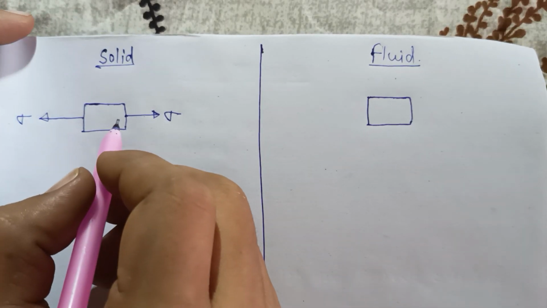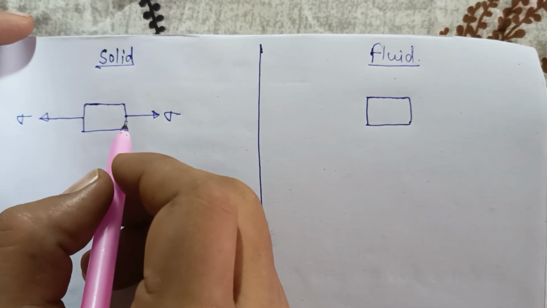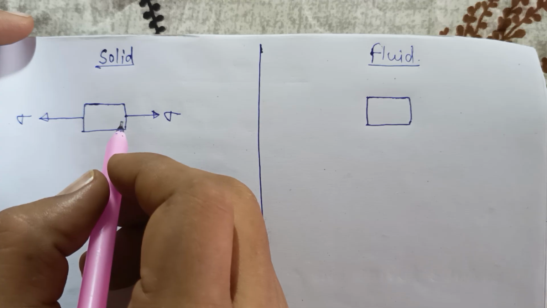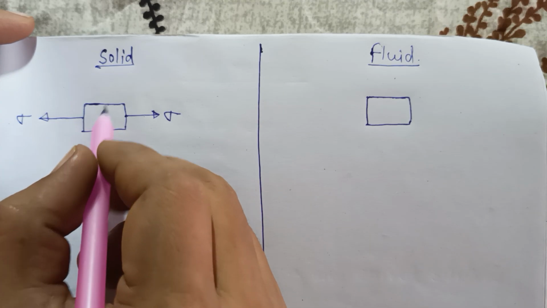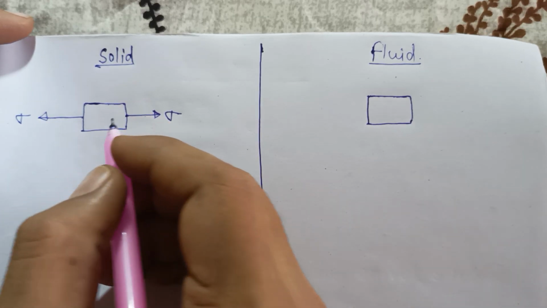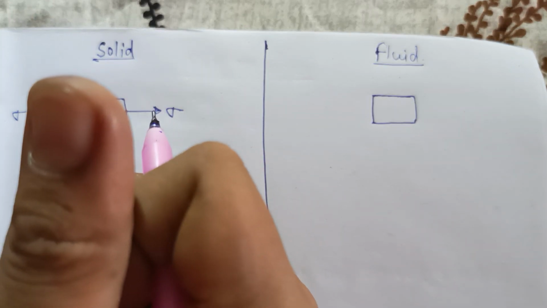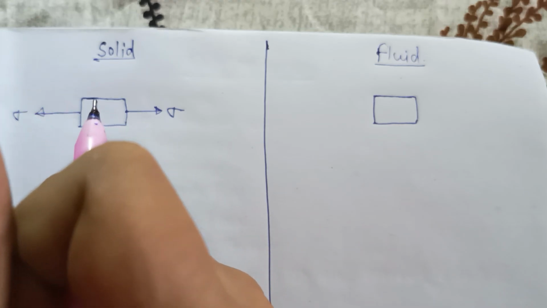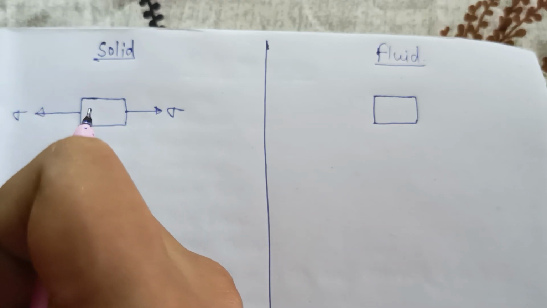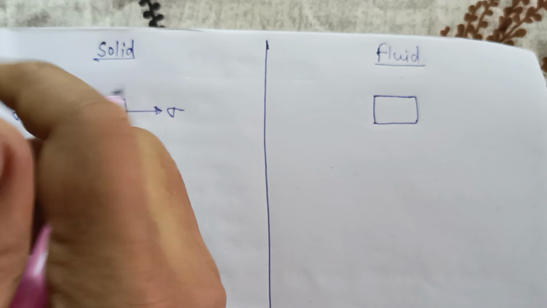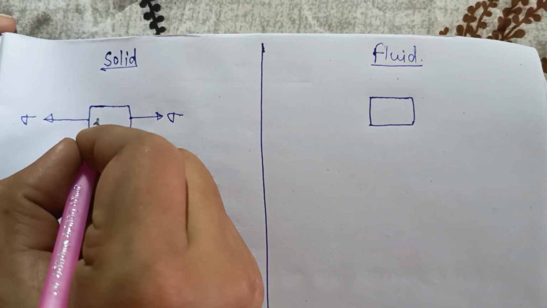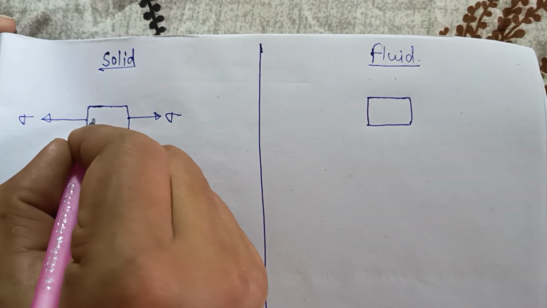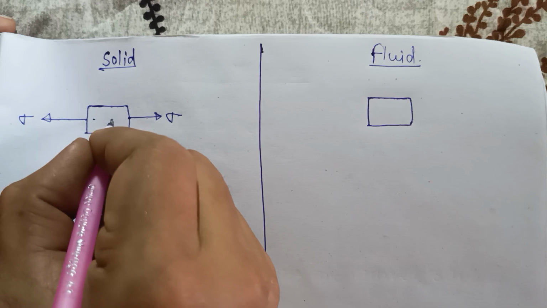Due to this tensile stress, the tensile Young modulus comes into the picture in the solid, and it will oppose the tensile stress.